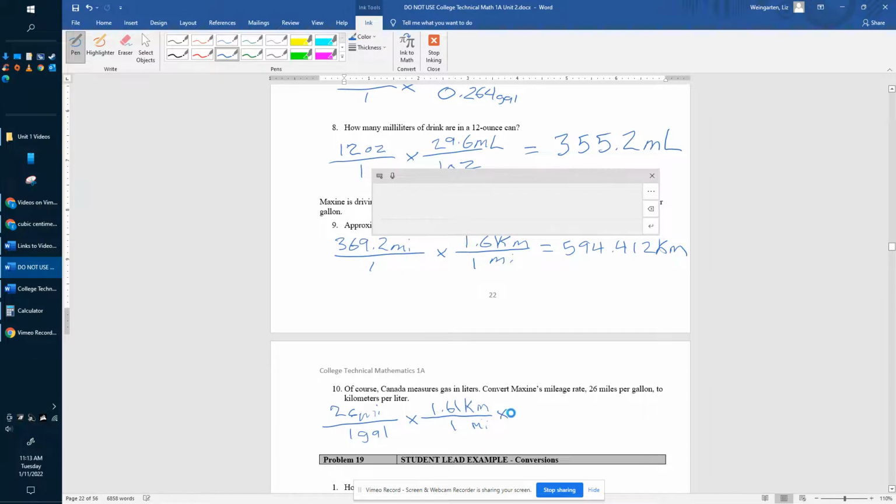Now we can convert gallons to liters. So gallons is currently on the bottom, so it's going to have to go on top to cancel out. And we need to convert to liters. In 1 gallon, there are 3.79 liters. So we will multiply this all out.